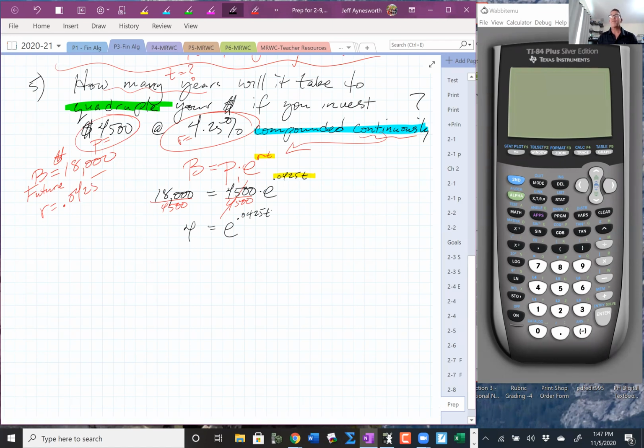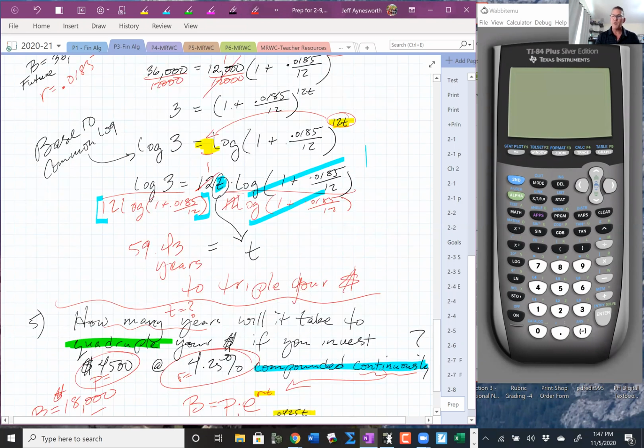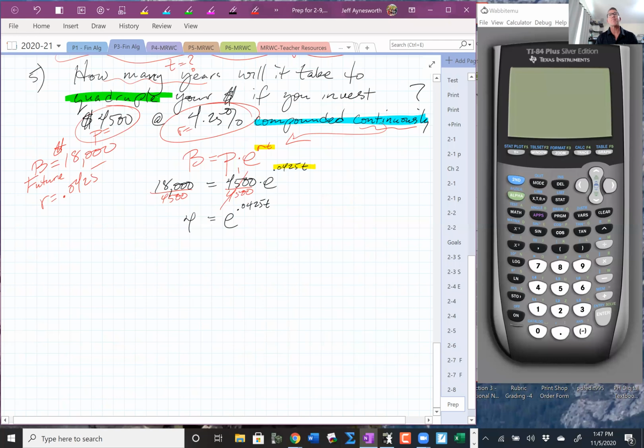Now before we shift any exponents, we've got to take the log. So you guys have to make a decision here. On the last example, Getsy chose base 10, so we took the common log of both sides. Let's change it up this time. Let's take the natural log of both sides.